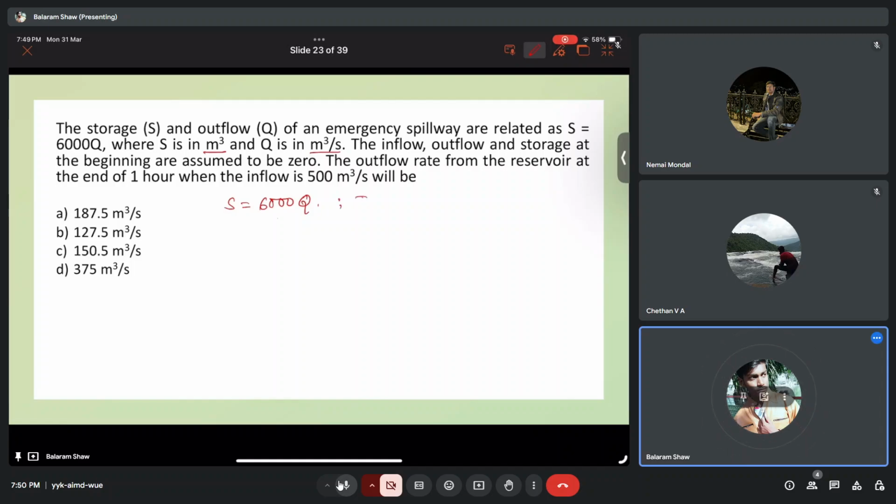This means I0, Q0 and S0 is equals to 0. And the outflow rate from the reservoir at the end of 1 hour. So let's say if you consider that T as 1 hour, that is 3,600 seconds. The inflow is given as I equals to 500 meter cube per second. You need to find out the outflow rate. Can you just do it? I'll give 1 or 2 minutes.